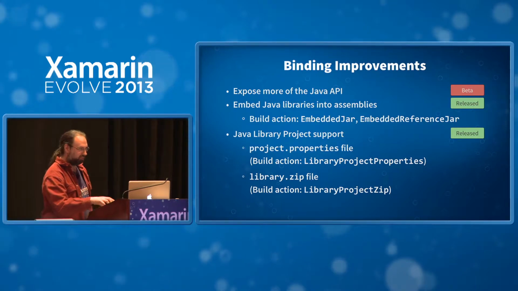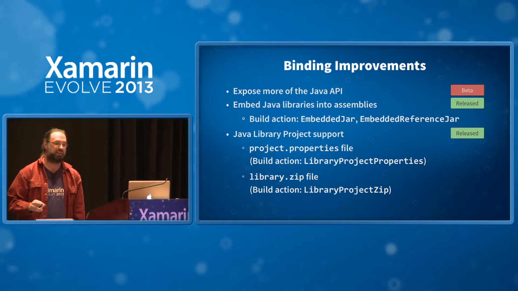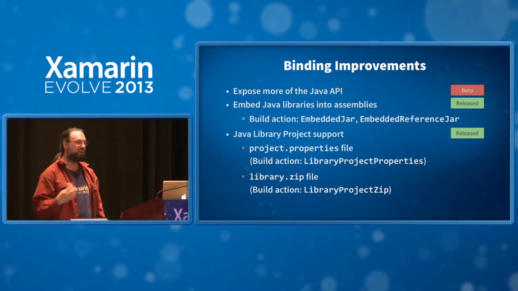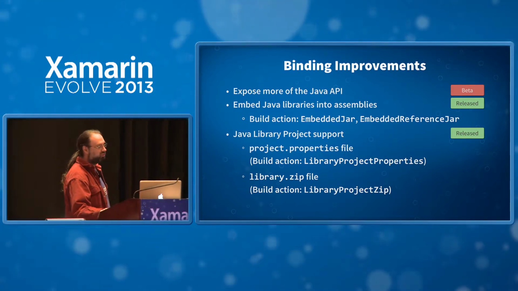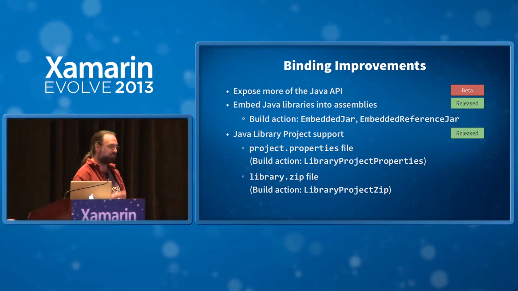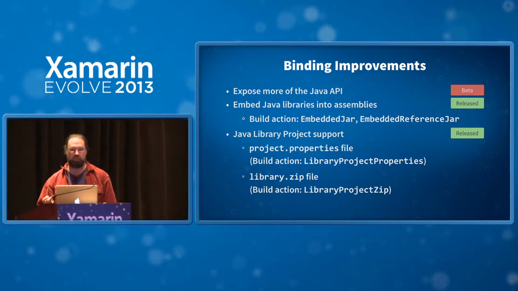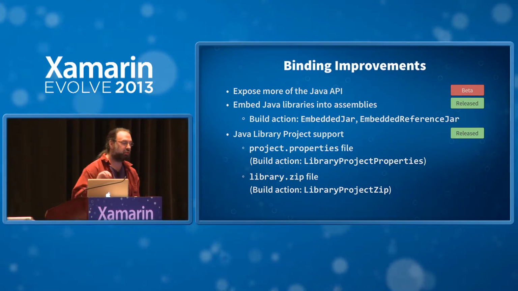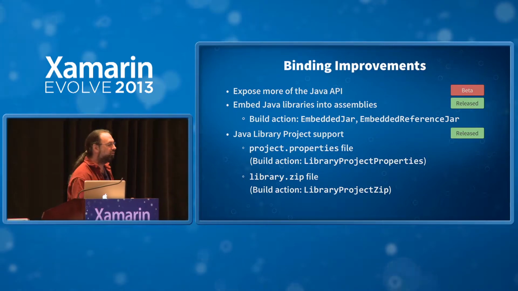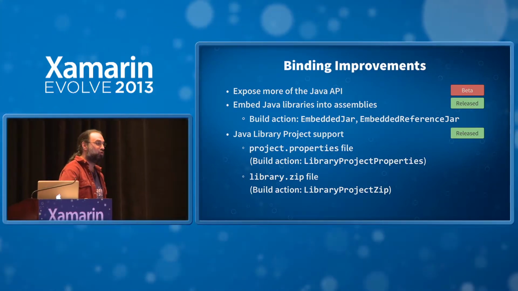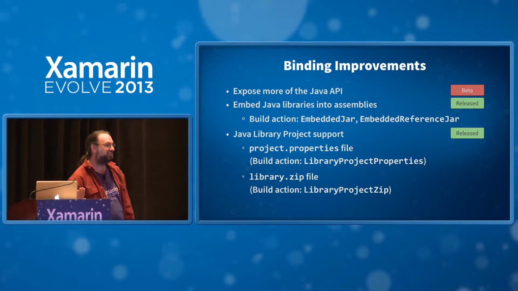Binding improvements. Binding is the glue that brings half of everything together. It's what allows you to invoke Java code. It's what allows Java code to call your C# code. And way back in the day, what we decided, accidentally as it turned out, well, it wasn't a good idea anyway, was to try to remove duplication in the API.